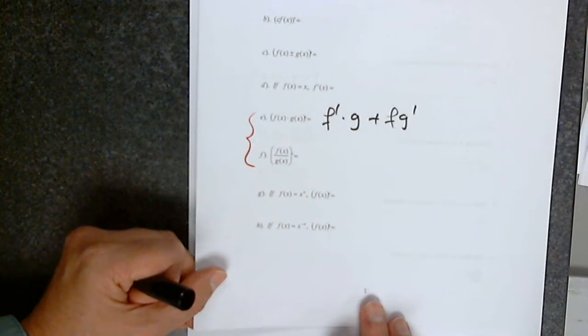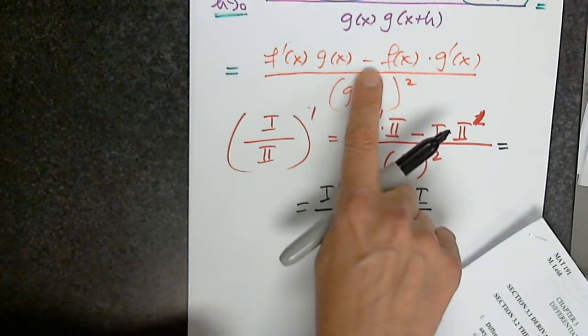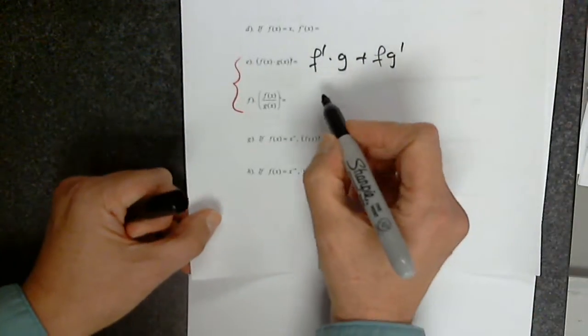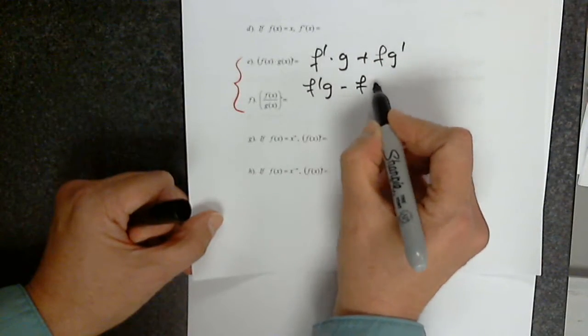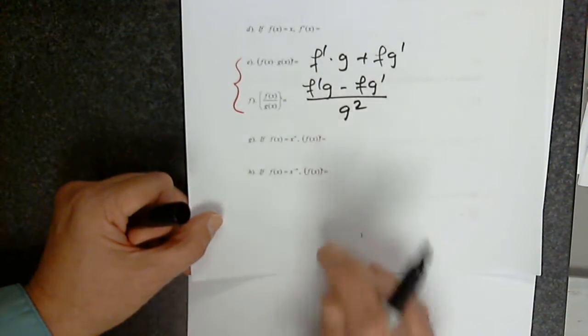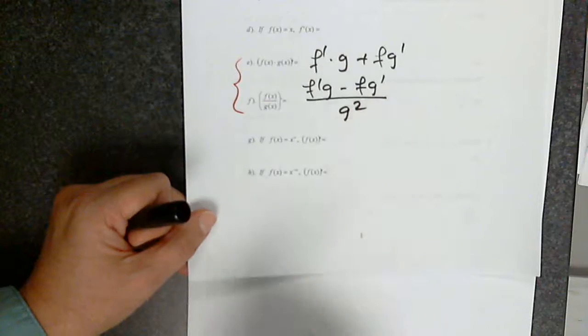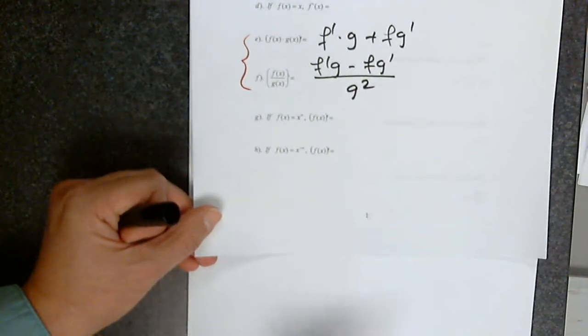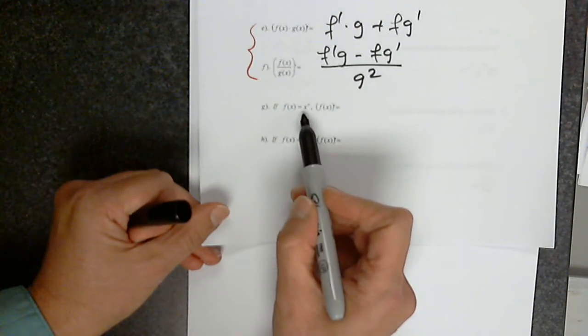Yes, Ian, go ahead. The ratio has, yes. So f prime g minus f g prime divided by g squared. It's up to you if you want this or the other one. I'm fine with both. Okay, finally, x to the nth.